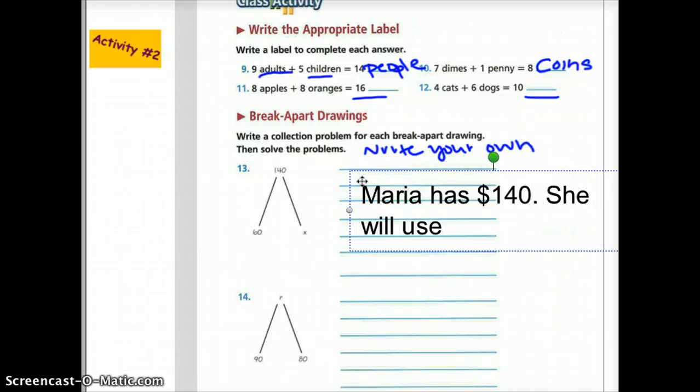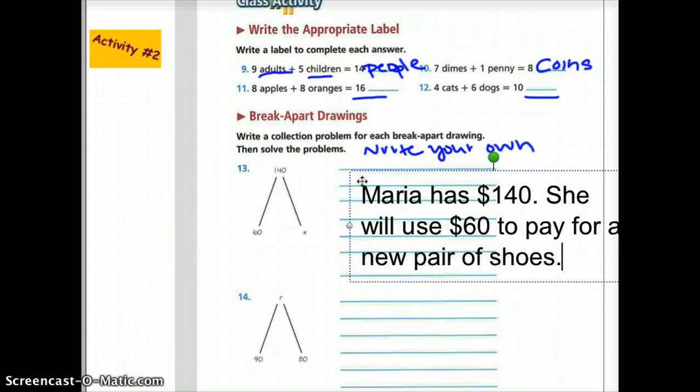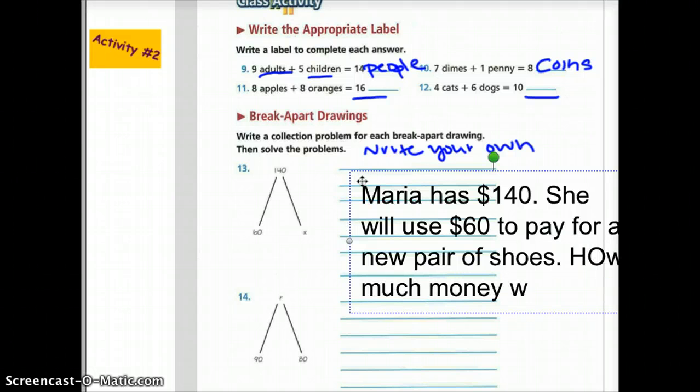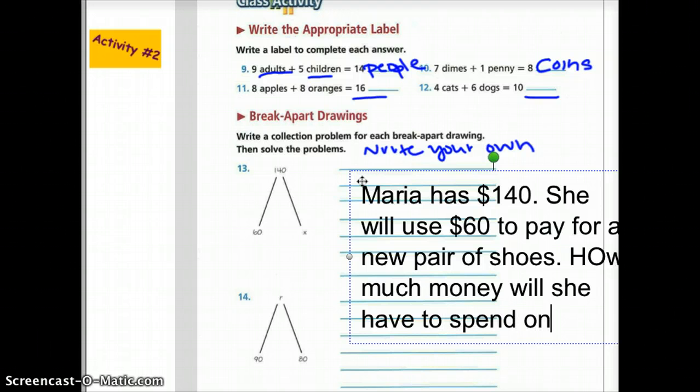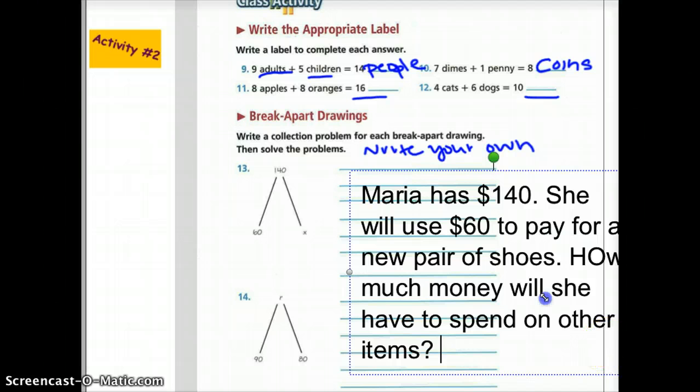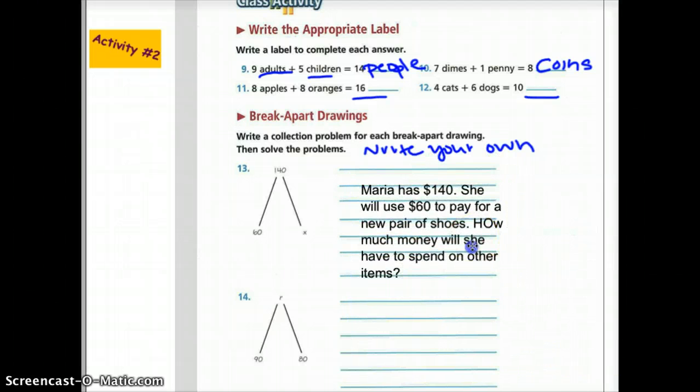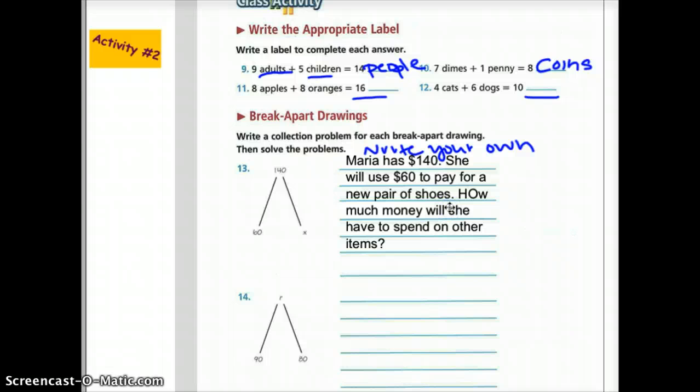She will use $60 to pay for a new pair of shoes. How much money will she have to spend on other items? Okay, now you write your own for that problem. It does not have to be money.